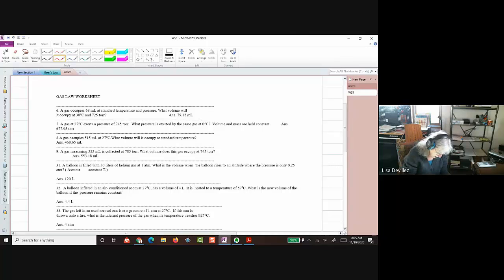Okay, so this one here, I have a volume and then a temperature and a pressure, and it's asking me what the new volume will be if I change my conditions. So here's my V1, T1, and P1, and then this is my T2 and P2, and it's asking what the new volume is going to be.